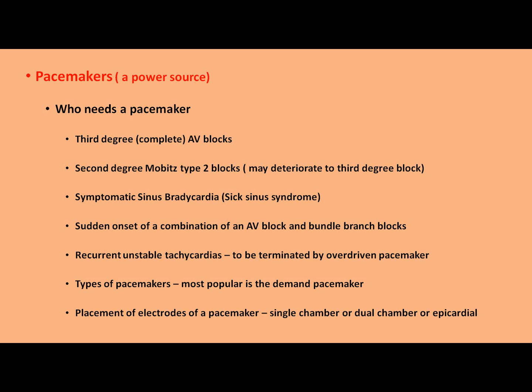Pacemakers. So who needs a pacemaker? Patients who have third-degree blocks must have a pacemaker. Patients who have Mobitz do too, because they almost always go downhill and get third-degree blocks, and third-degree blocks go into ventricular fibrillation. And if they have a very slow heart rate with sick sinus syndrome, sometimes they have normal periods, and then patients come and say, oh, I was walking and then I fainted.